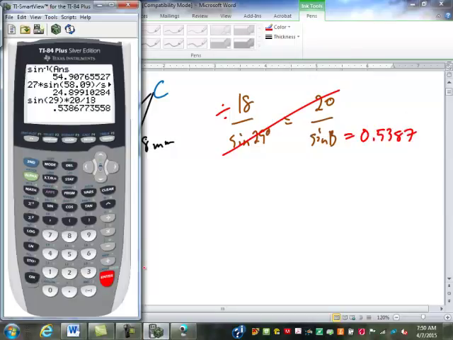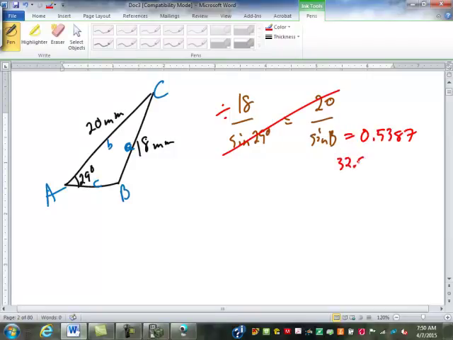Do an inverse sine, second answer. 32.59 degrees is not our answer, though. We need 180 minus that, for 147.41 degrees. Make sense?